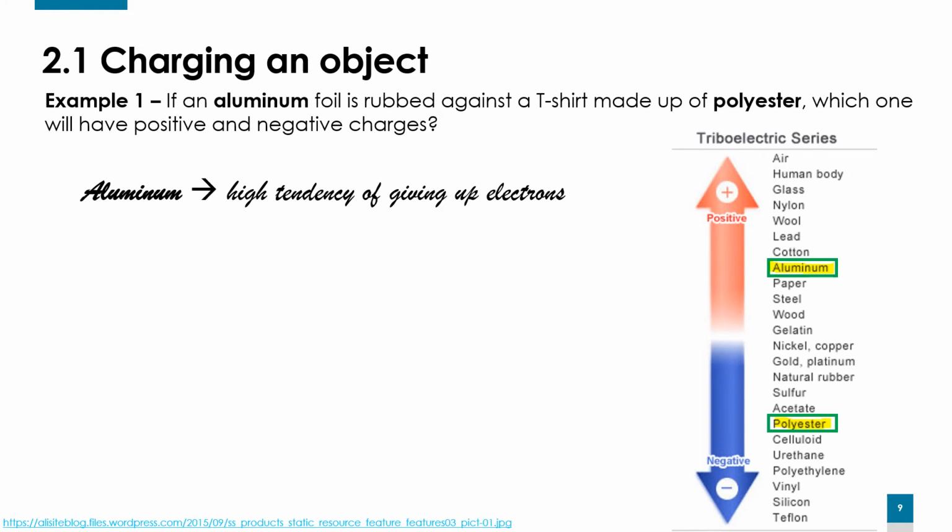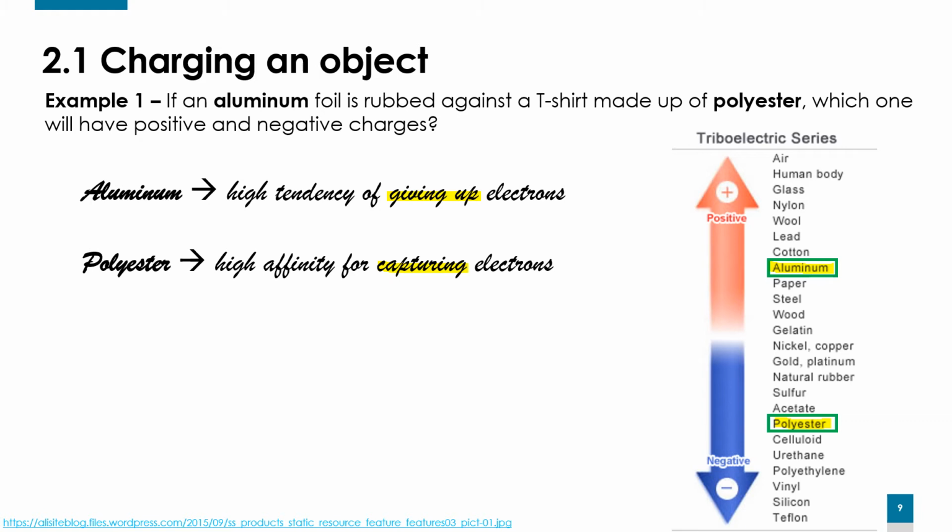According to this chart, aluminum is giving up electrons. What about the polyester? Polyester is attracting, receiving, capturing electrons. So if aluminum wants to give up electrons and polyester wants to capture them, which one is going to be positive and which one is going to be negative? What do you think?